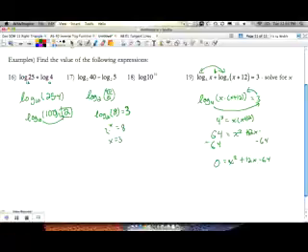Now you want to ask yourself, are there 2 numbers that multiply to 64 but add up to 12? And it looks like it's going to be positive and negative. So I'm going to have one positive, one negative. How do I know that? Because they got to multiply to be a negative. So what multiplies to negative 64 but adds up to positive 12?